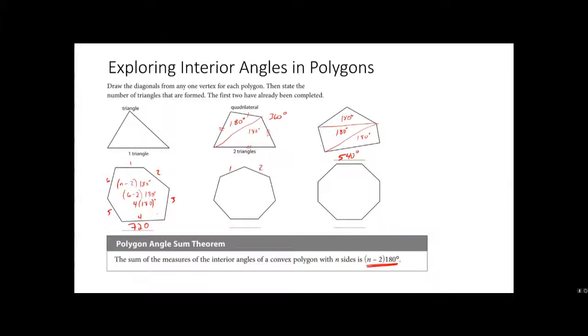We have 1 side, 2 sides, 3 sides, 4 sides, 5 sides, 6 sides, 7 sides. Okay, so we're going to substitute in 7 for n minus the 2. We're just using the polygon angle sum theorem once again, instead of drawing all those triangles and adding them all up. So we have 5 times the 180 degrees. That is 400 plus 500, which is 900 degrees.